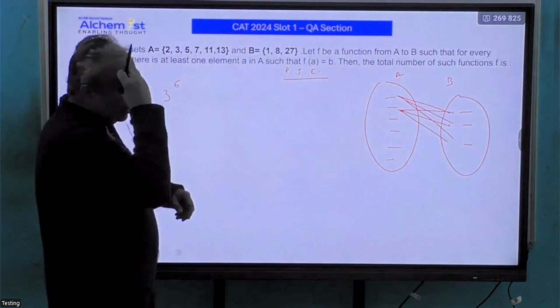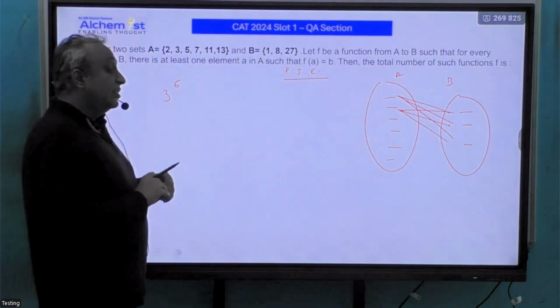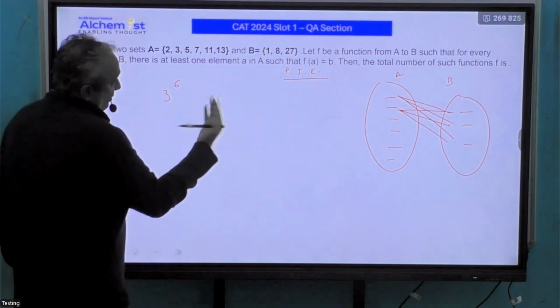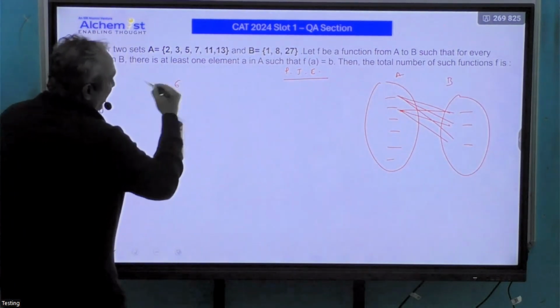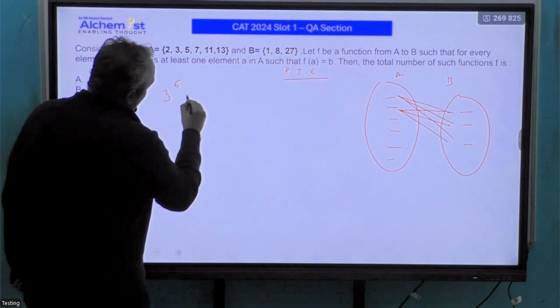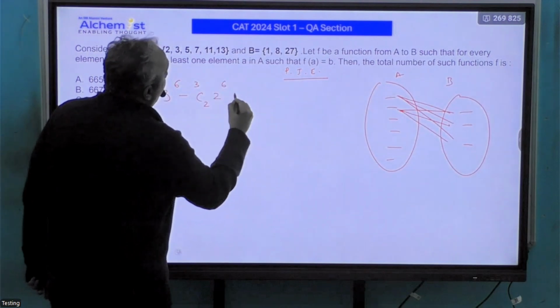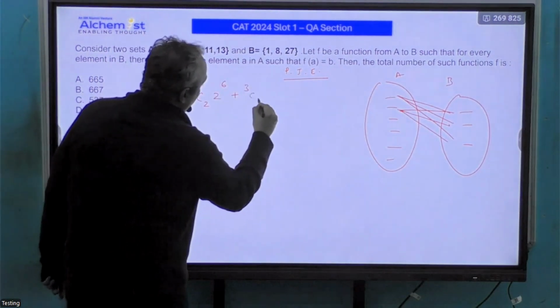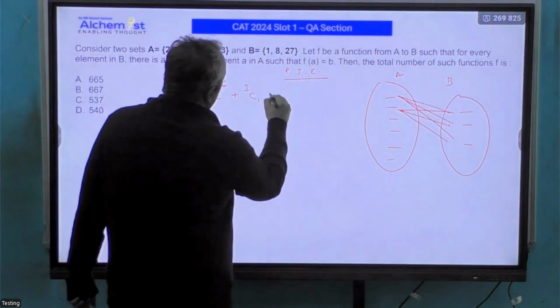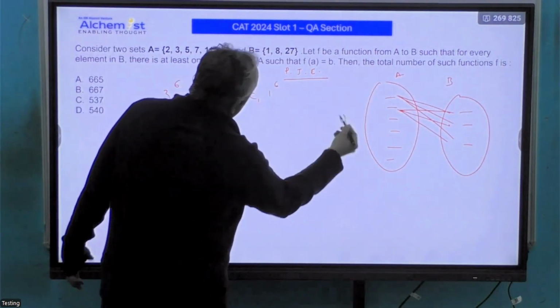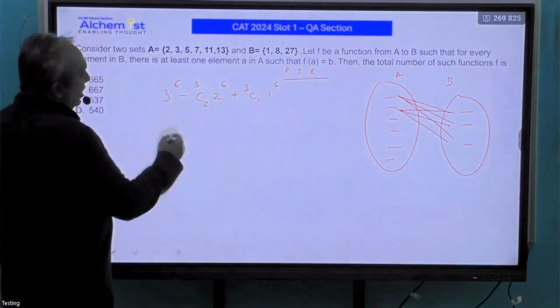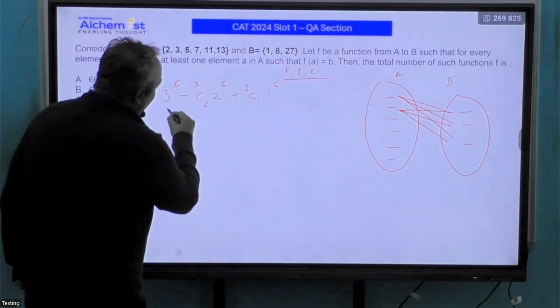Now we want to exclude those ways in which something is not happening. Some of the elements are not mapped. So directly I would have done 3 to the power 6 minus 3C2, 2 to the power 6 plus 3C1, 1 to the power 6. And obviously the next case will not exist. So this could have been done in one line like this.